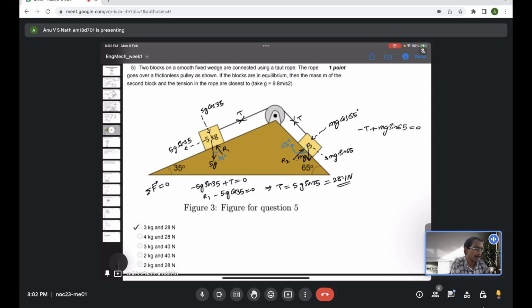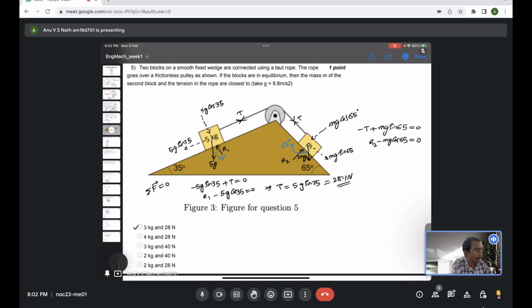And in the perpendicular direction, we have R2 and then minus mg cos 65. They should be balanced. This will enable us to evaluate the reaction R2, but that we really don't need. We just want the value of m.